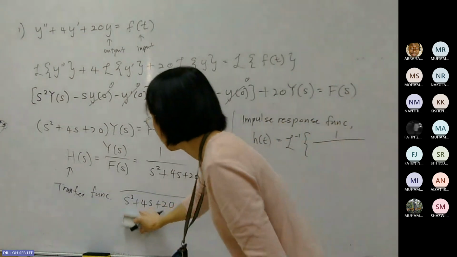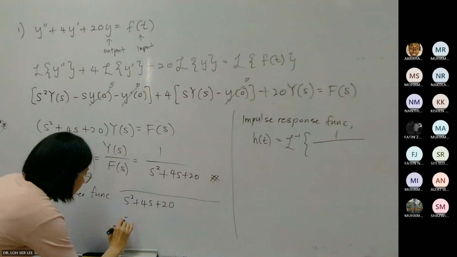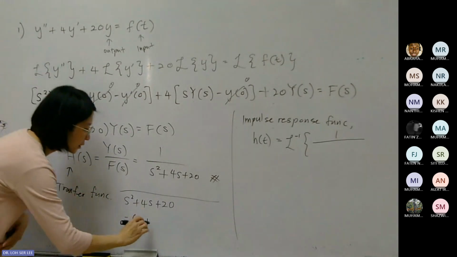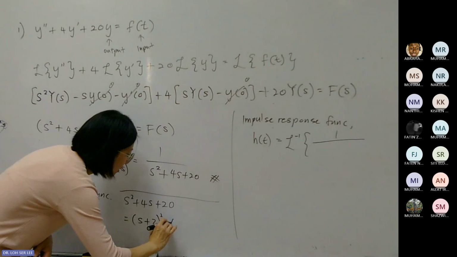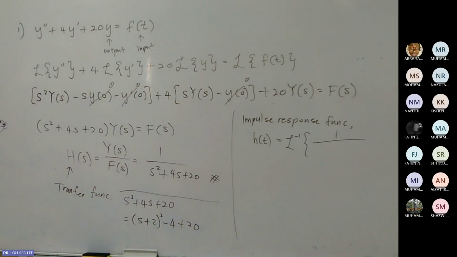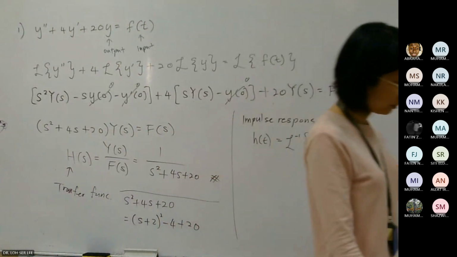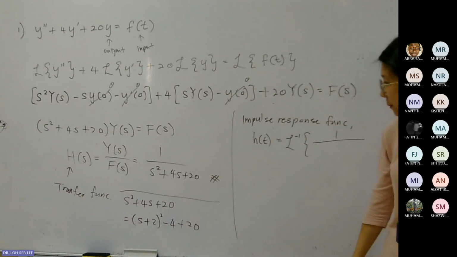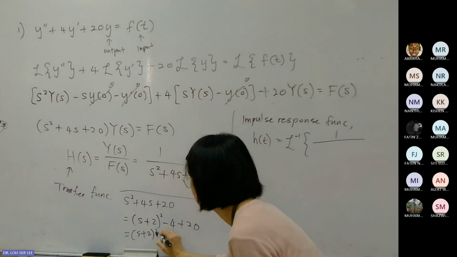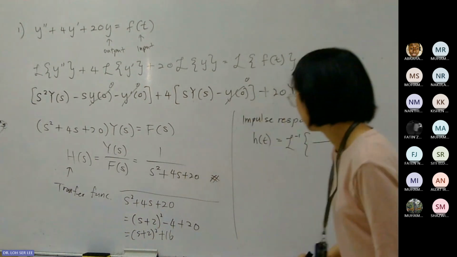You have (s plus 2) squared minus 4 plus 20. Simplify: (s plus 2) squared plus 16.